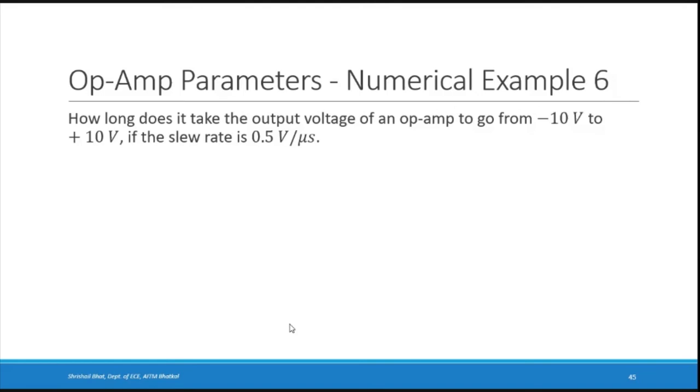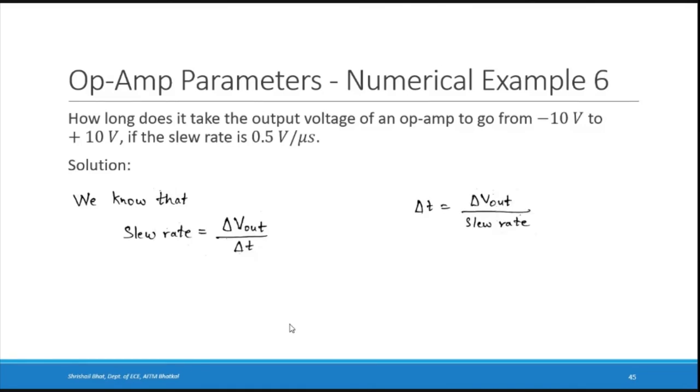That is delta T. Slew rate is given. Change in the output voltage is given. The change in the time has to be calculated. We know the slew rate is delta V out by delta T. So delta T is delta V out by slew rate. Delta V out is the change in the output voltage, plus 10 minus of minus 10, divided by 0.5.